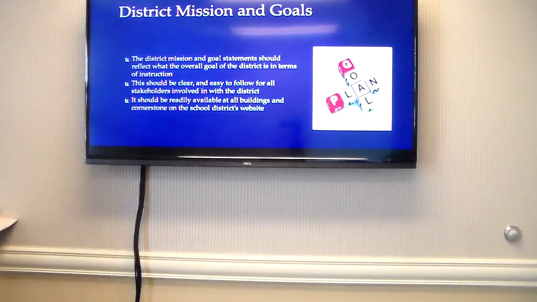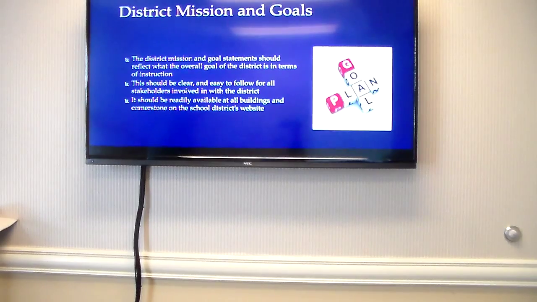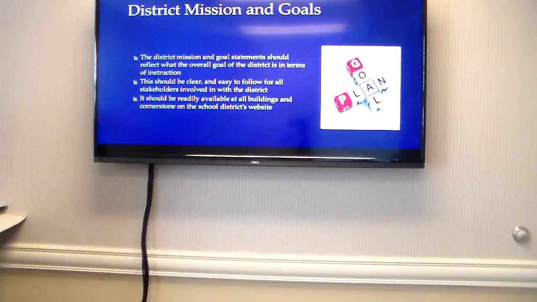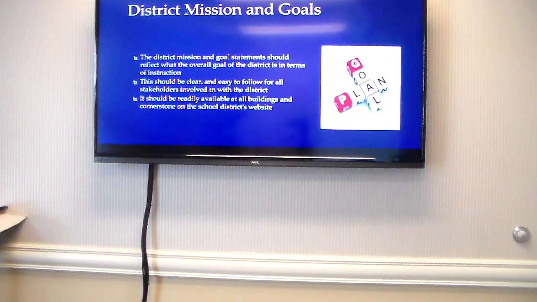So we've mentioned already the importance of district mission and vision and goals, but that has to be a part of where the district is going in terms of instruction. I really think that relates to a lot of you here because a lot of you are at academy-based schools and magnet schools. So you understand that this really matters, and it matters long term as to what the district is going to look like and where the budgeting is going to come from.